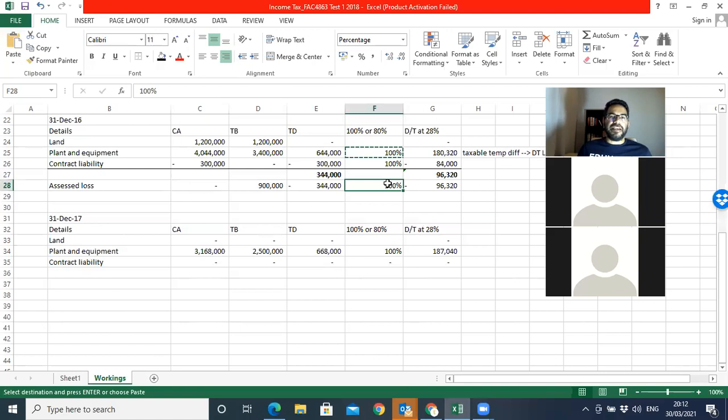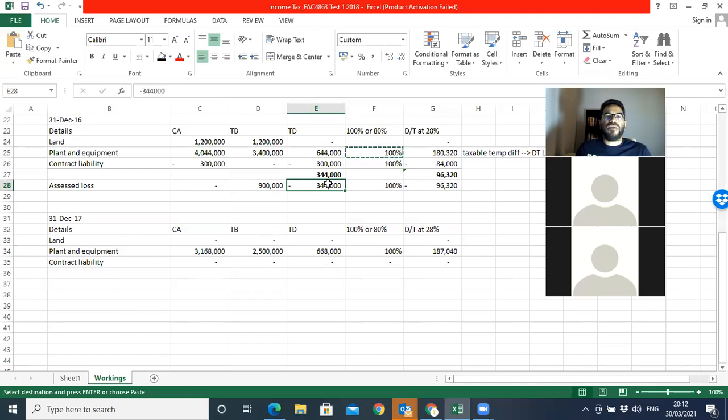So by them saying the company has correctly recognized a deferred tax asset to the amount of 344, they are indirectly telling you that management believed as at 31 December 2016 that there will not be sufficient taxable profits going in the future, and therefore we can't recognize an asset.